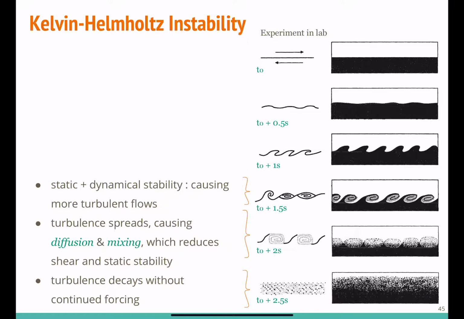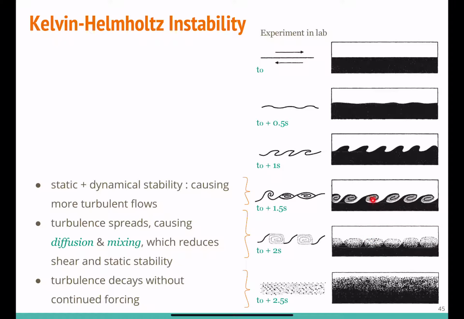Okay, and then after that we have the static and dynamical instability causing more turbulent flows in all the rolling of this fluid. And then turbulence spreads and causes diffusion. So here is the diffusion, and it reduces the shear and static stability.